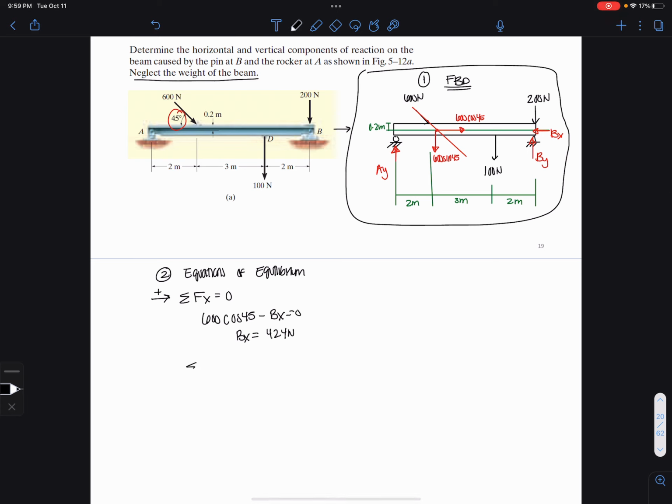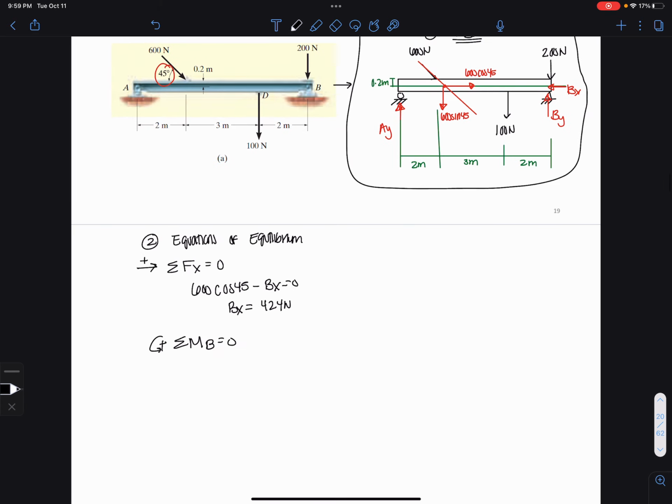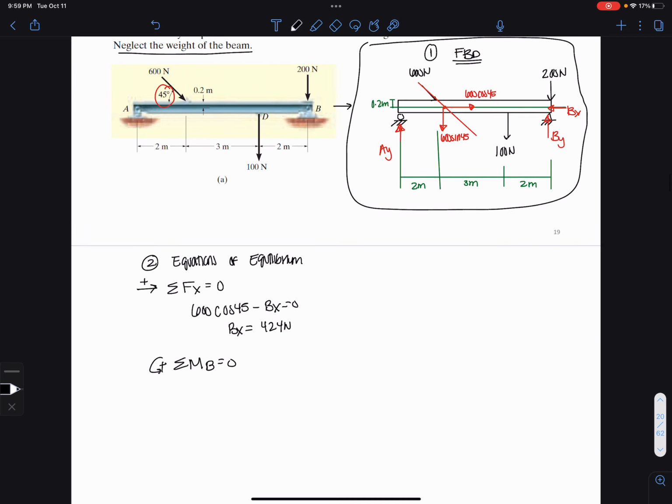I'm going to go ahead and sum moments about the pin now. Counterclockwise is positive. I'm going to start with the 100 newton force because it's the closest one to me. 100 newtons times a moment arm of 2 meters plus 600 sine 45 times a moment arm of 5 meters.